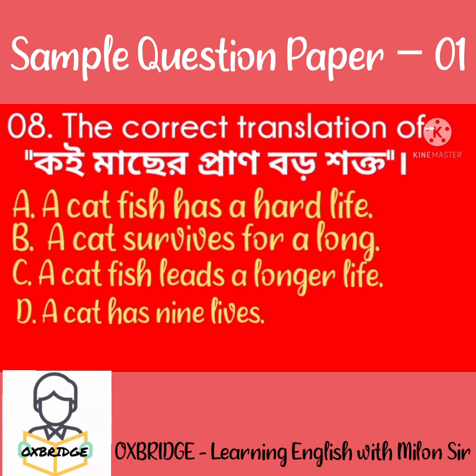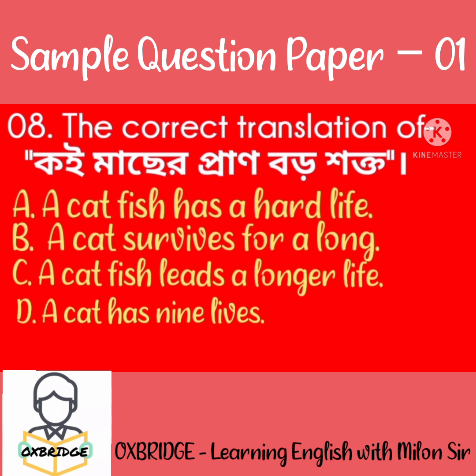Option A: A catfish has a hard life. Option B: A cat survives for a long time. Option C: A catfish leads a longer life. And option D: A cat has 9 lives.